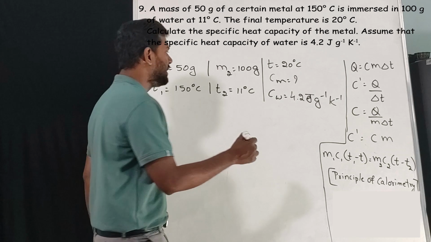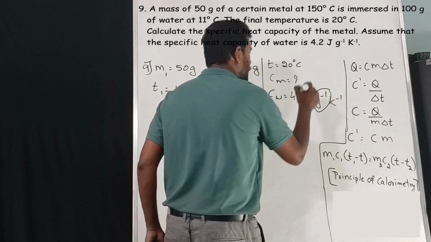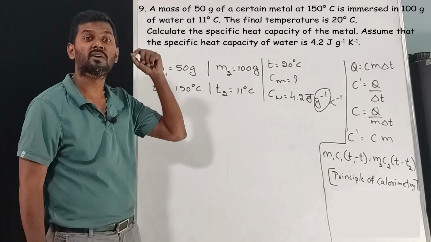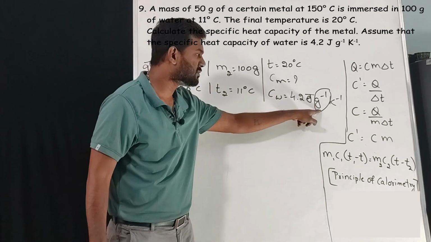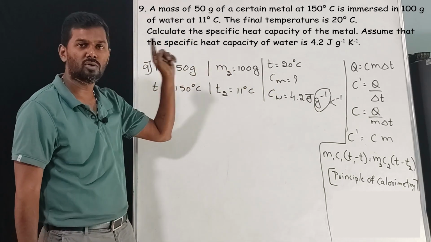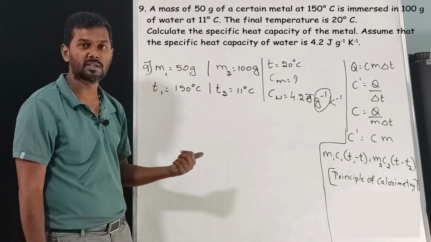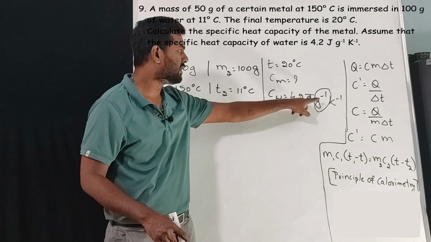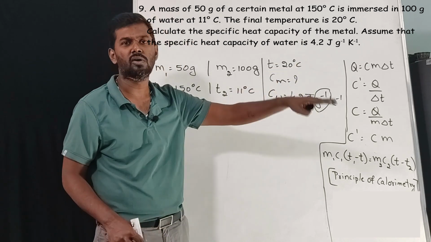So see, this unit is very much important. If this is in terms of gram, all the masses should be in terms of grams only. If this is in terms of kg, you have to convert all the masses into kg, or else you can leave these grams as they are and convert the specific heat: if kg is given, convert it into grams.